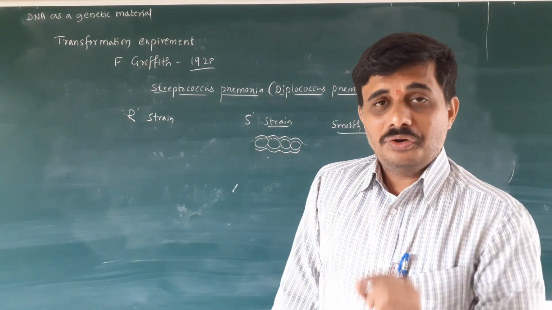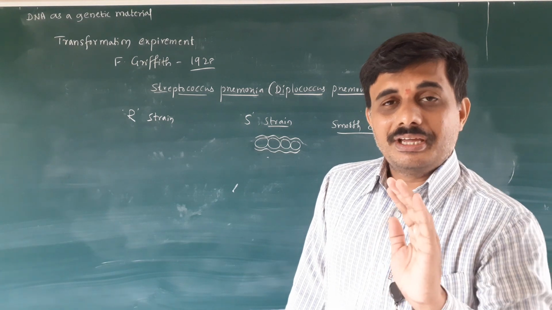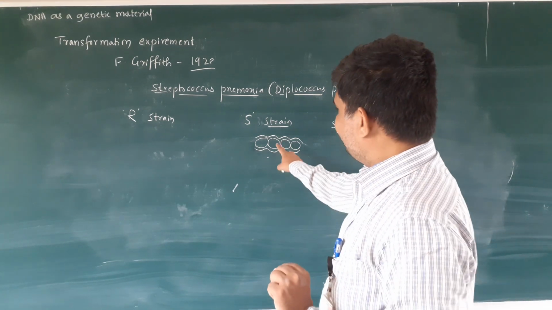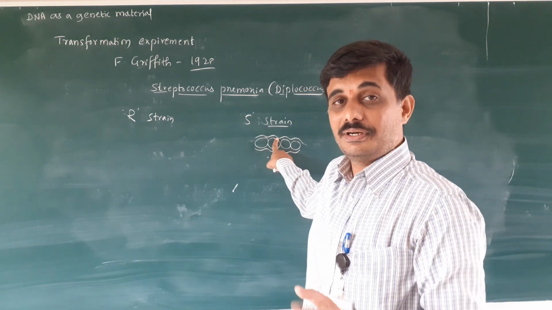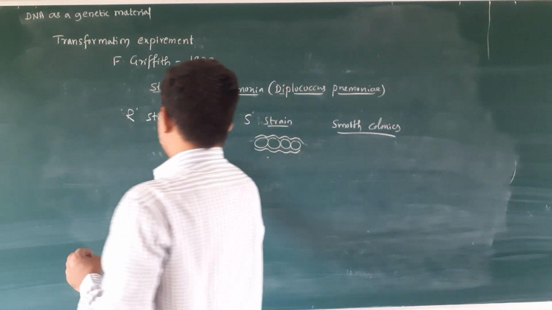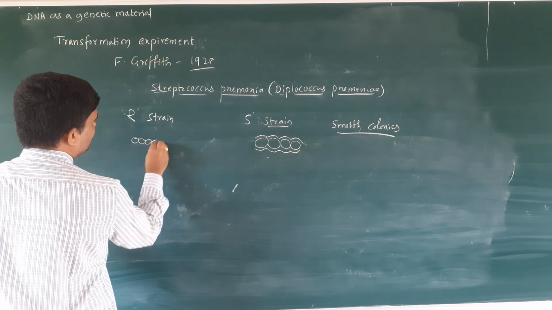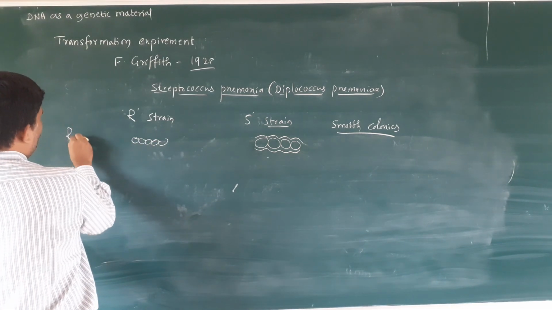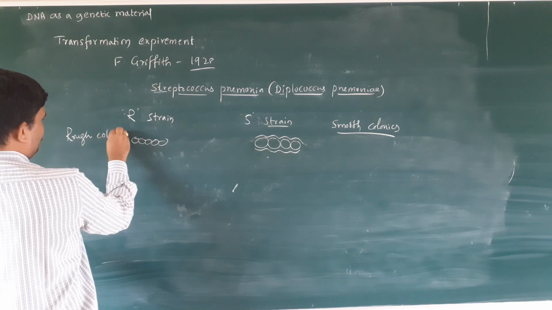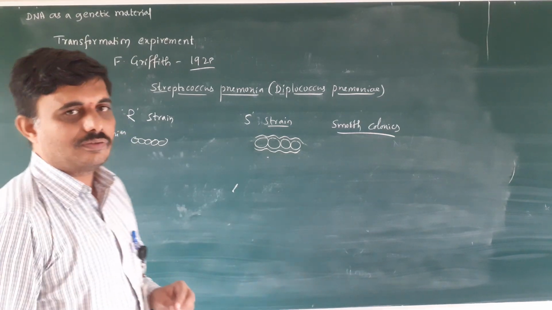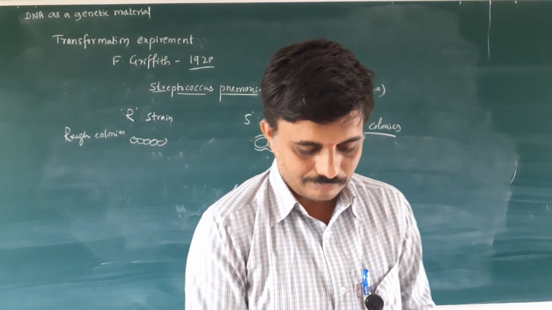The strain which does not have this envelope, capsule or mucilaginous sheath made up of polysaccharide produces rough colonies on the media.